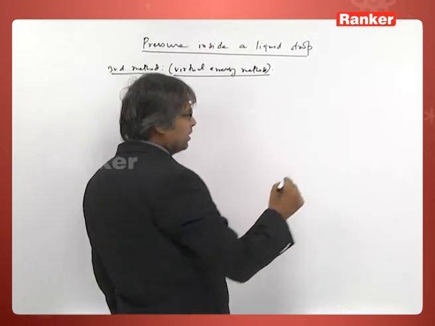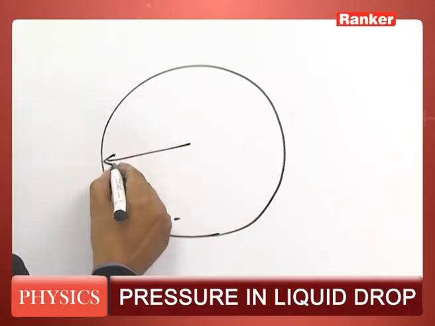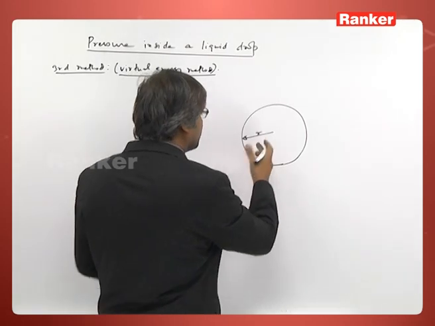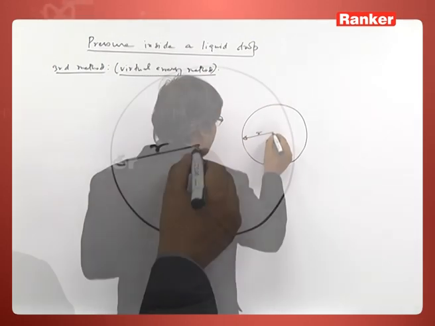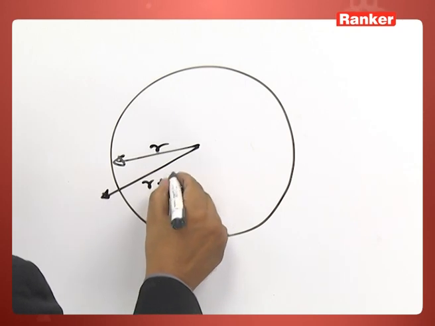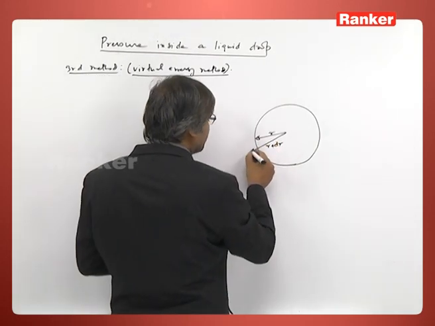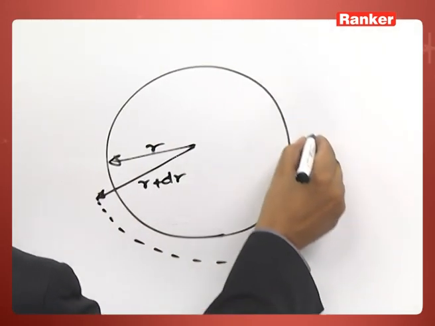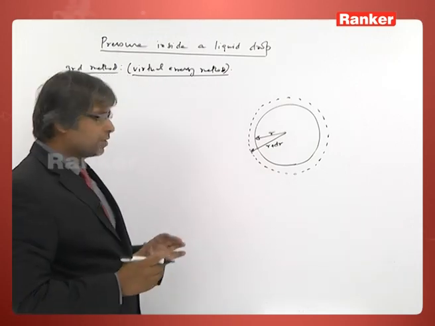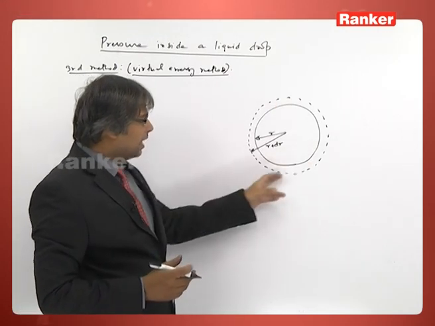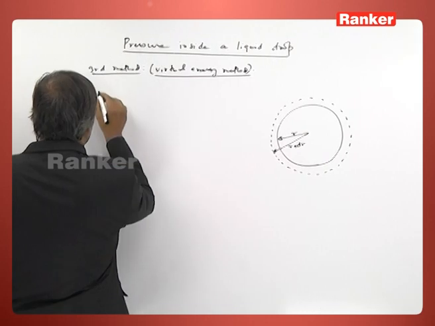If we have a liquid drop with radius r and the system is in equilibrium, and its radius rises by a small dr, so that the total radius is r plus dr, then the work done by the unbalanced force is equal to the surface energy, that is the change in the free energy of the system.